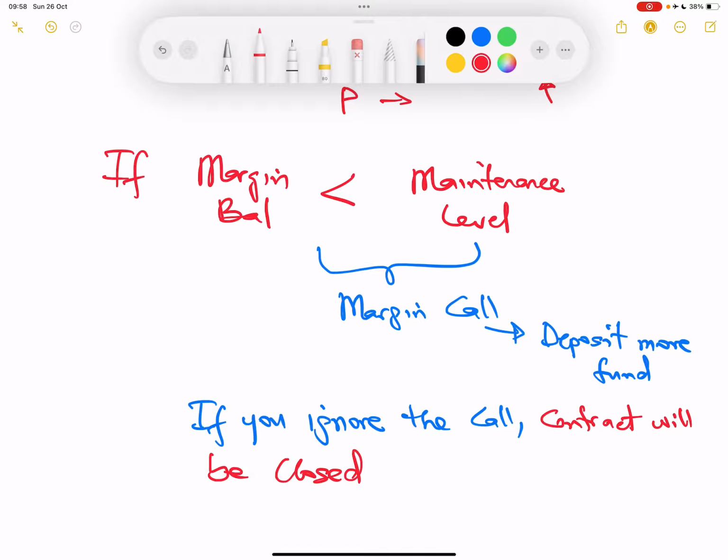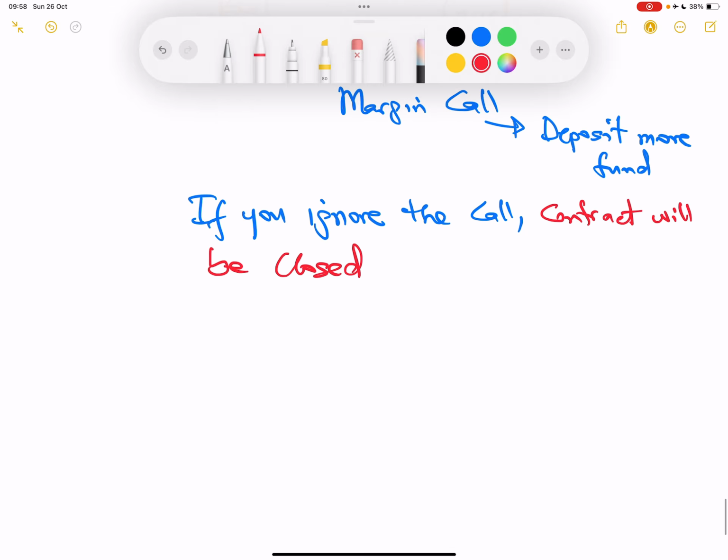And at that point, they have enough money to settle the counterparty. Remember, your loss is profit to the other person. So that person needs to get his money because he has made profit. And the clearinghouse will never wait until the full margin is depleted before they close the contract. But if you top up as you are expected to top up, then the contract stays alive until expiry.